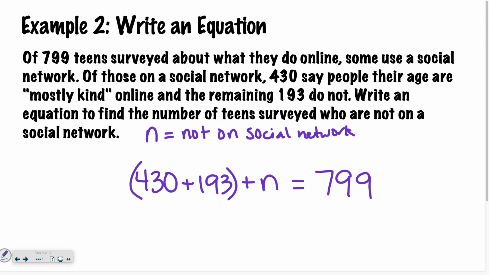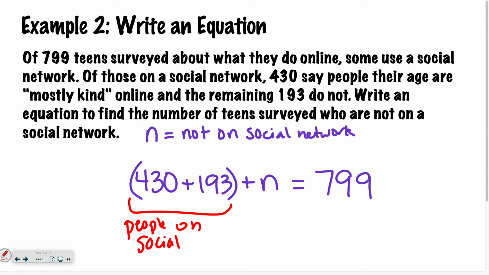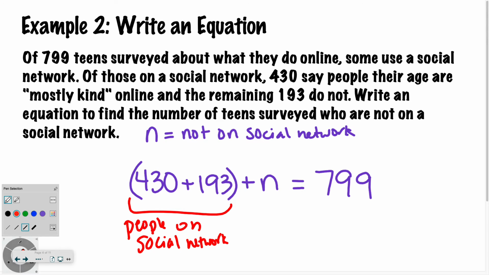Okay, so if we break this down, this first part are people on social network. And then n is the people not on a social network.